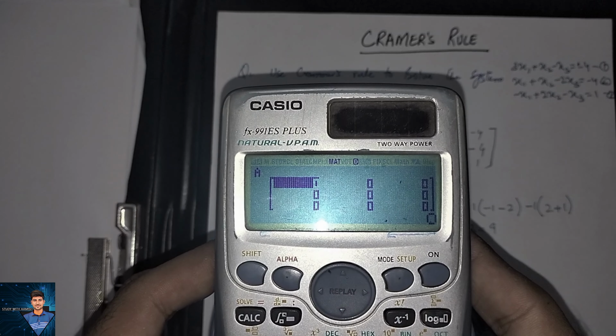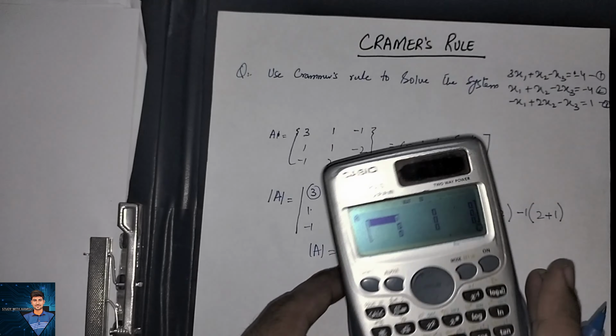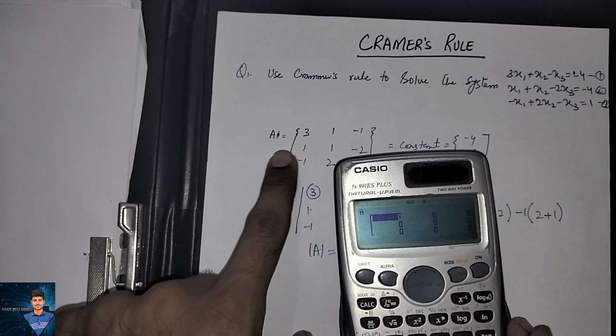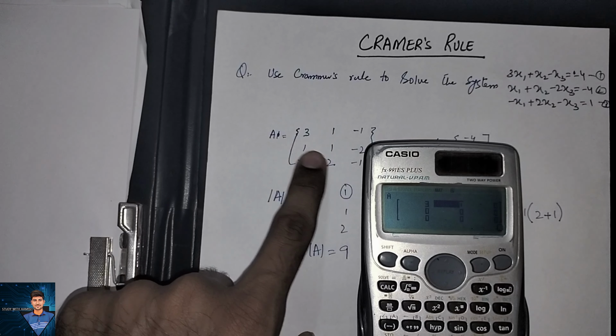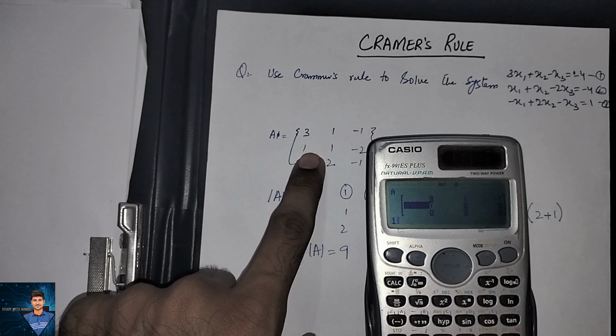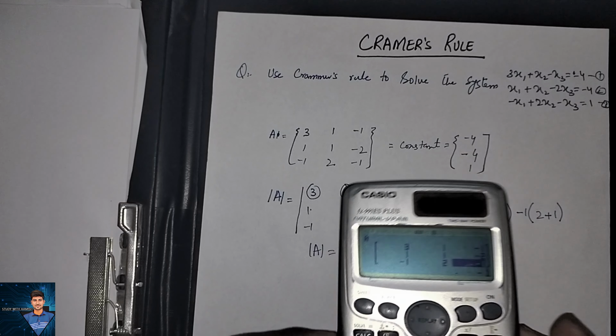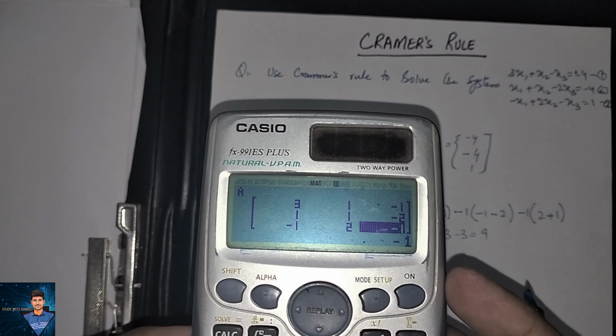Now here you will put the values of matrix A, which is 3, 1, minus 1, 1, 1, minus 2, minus 1, 2, minus 1. Now we have put the values.